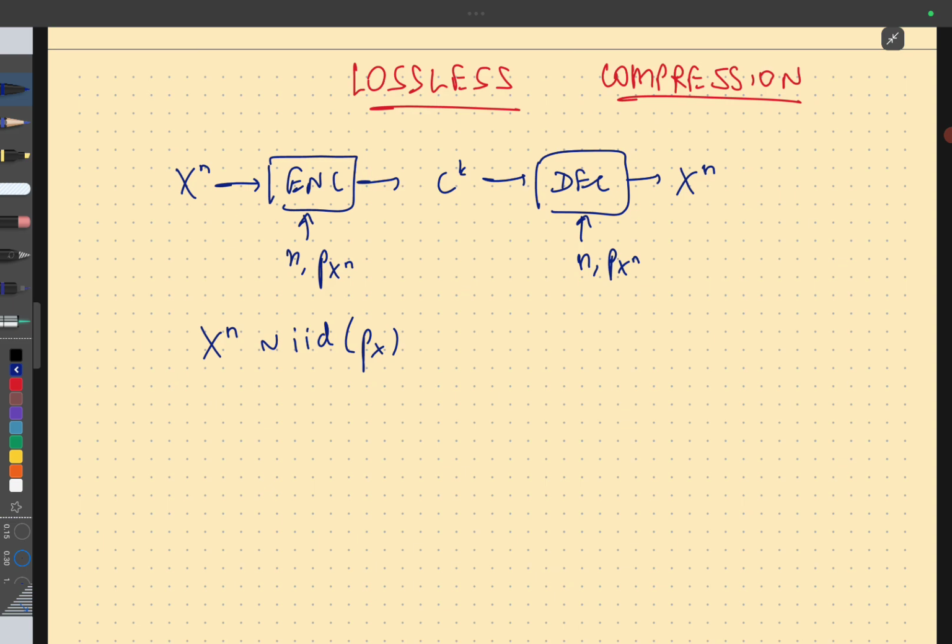Now for this, what I could do is just design the optimal compression algorithm. So the encoder, since it knows n and P_{X^n}, it should either be given the whole encoding table, or it constructs the encoding table from n and P_{X^n}. And the decoder also has to have this particular information.